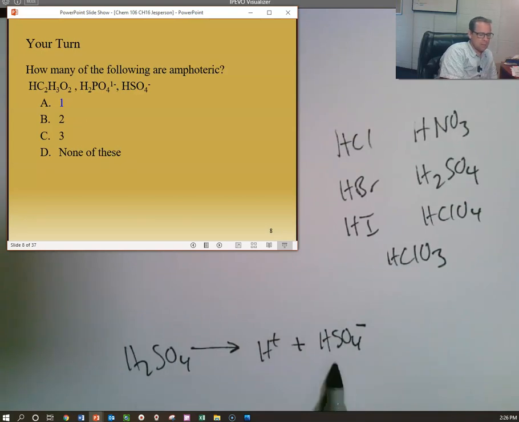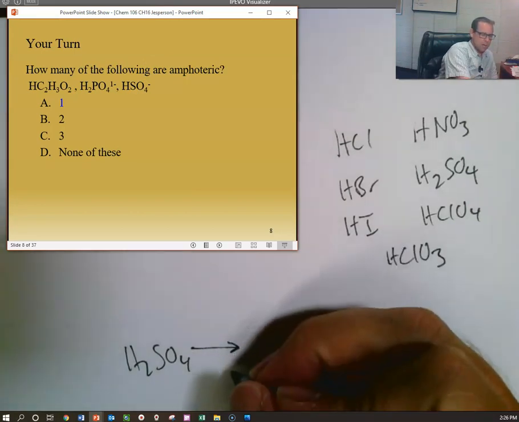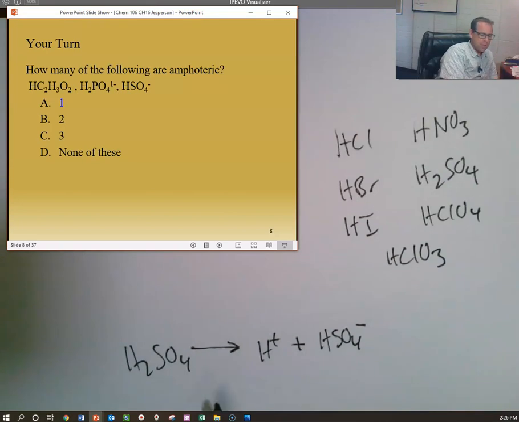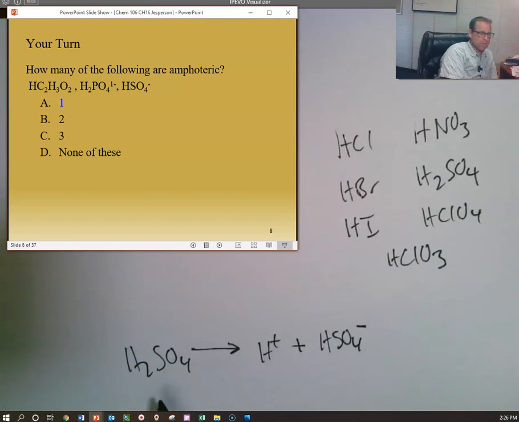So here's the acid, and here's its conjugate base. Because this is the conjugate base of a strong acid, in solution you're never going to get that hydrogen to go back on, because it's not reversible. The only reason we know it's not reversible is because it's a strong acid.